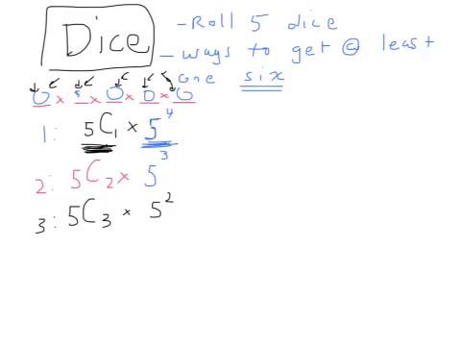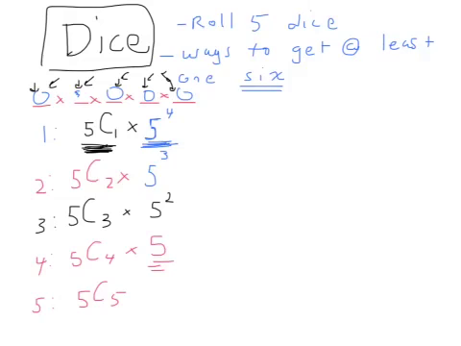For me to get 4 sixes, it's going to be 5 choose 4, and then I only have 1 spot left for a non-six, a 1, 2, 3, 4, or 5. So there are 5 different things that can go in there. And lastly, I could get 5 sixes. If I get 5 sixes, what I'm looking at is 5 choose 5, which are all the different ways that I could put 5 sixes into the 5 spots, and 5 choose 5 is just 1.